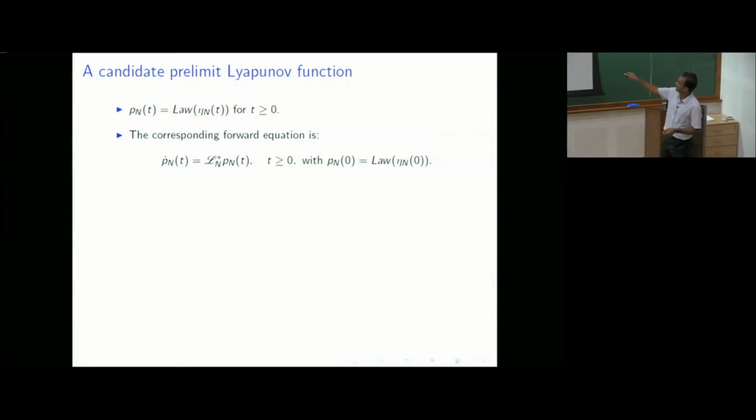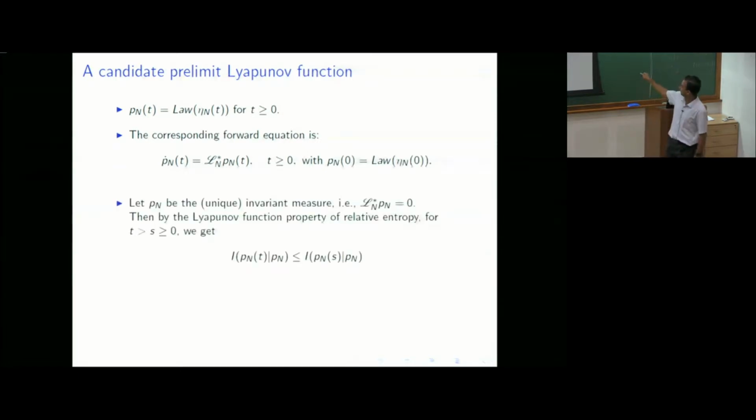What's the initial condition? P_n(0) is the law of eta_n(0). It could potentially be random, but you have a probability measure on it. Initialize the dynamics with that. Now, by virtue of the fact that the set of allowed transitions makes the chain irreducible, this chain is also irreducible.